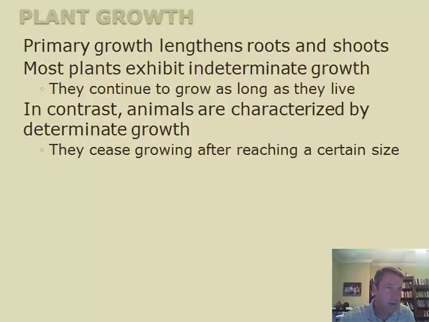So examples of this type of growth we mentioned in the outline. Indeterminate growth is expressed in stems and in roots. This means that as long as the plant is alive, the root will grow and get larger and longer and taller each year that it grows.